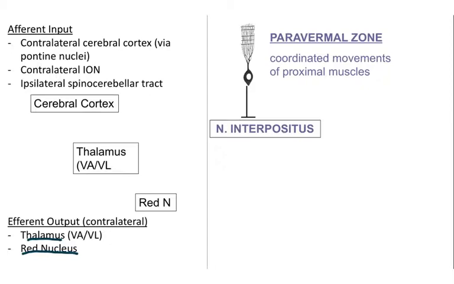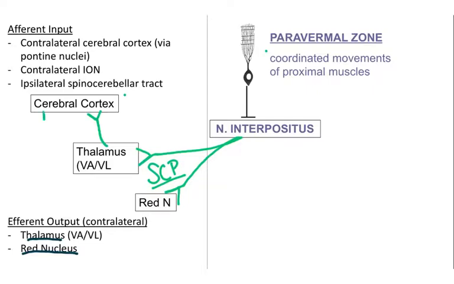So the nucleus interpositus is going to project to the thalamus and the red nucleus, and that's going to be via the superior cerebellar peduncle. And there's actually going to be a decussation in the superior cerebellar peduncle that allows it to affect the contralateral thalamus and red nucleus. And then the thalamus is going to excite the cerebral cortex that's on the opposite side of the body, so on the contralateral side of the body.